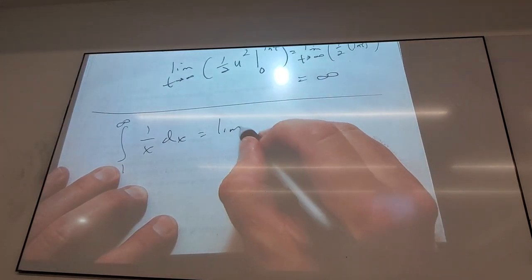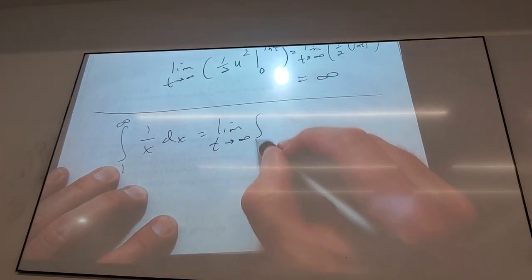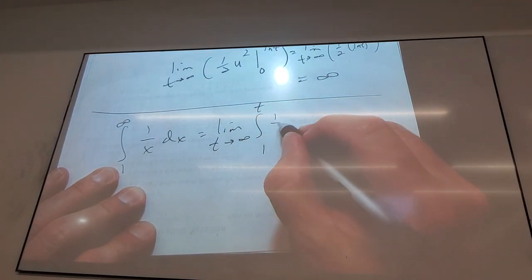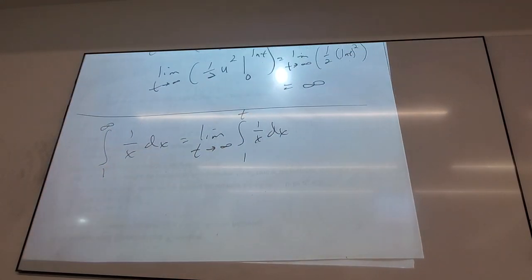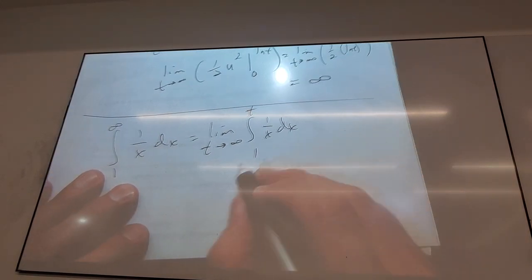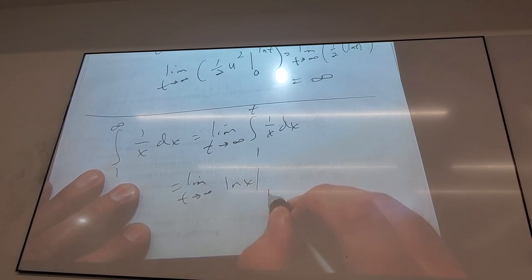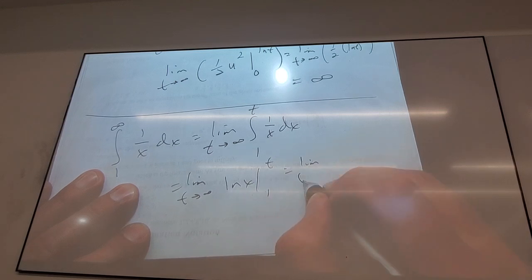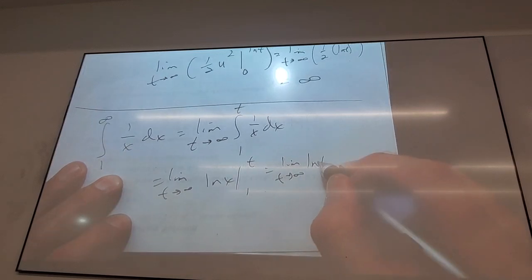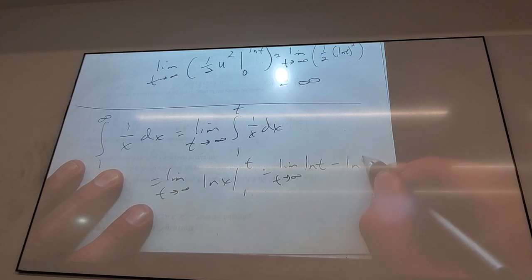The first thing I do is replace that infinity with something I can work with. What is the integral of 1 over x? Ln x. I want to go from 1 to t. And what is ln 1? 0.